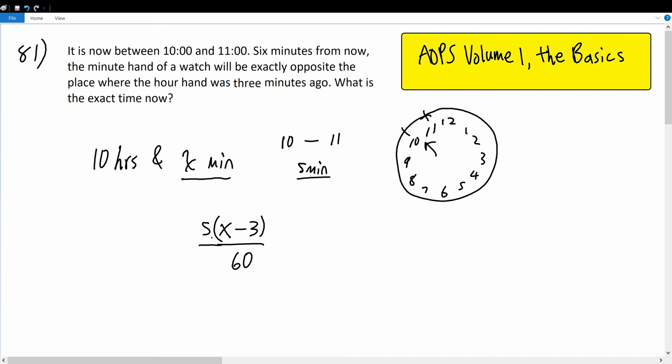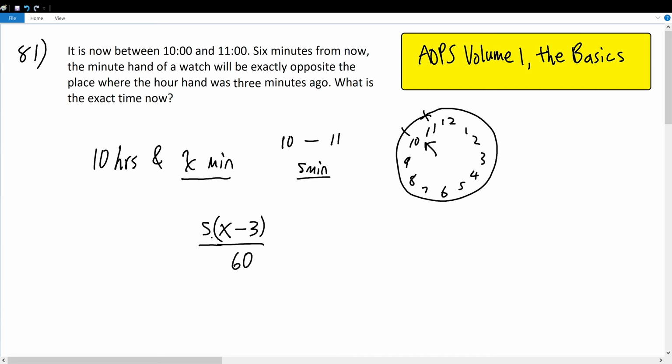The reason why I did this was because it tells us 3 minutes ago, from 6 minutes from now, the minute hand of a watch will be exactly opposite the place where the hour hand was. And we need to find where exactly to the minute that the hour hand corresponded to 3 minutes ago.